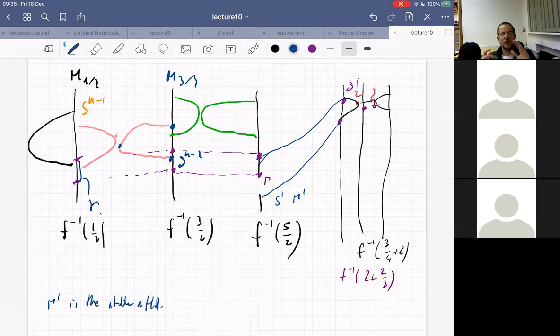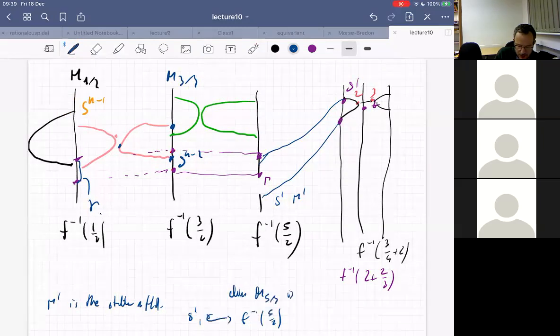But now I have two spheres inside of this manifold, and they have no reason to be the same. There's no reason why gamma should be equal to gamma prime. Gamma is one sphere, gamma prime is another sphere. But abstractly, we have two embeddings of S1 into f inverse of 5 over 2. And now the dimension of M5 over 2 is greater than 4.